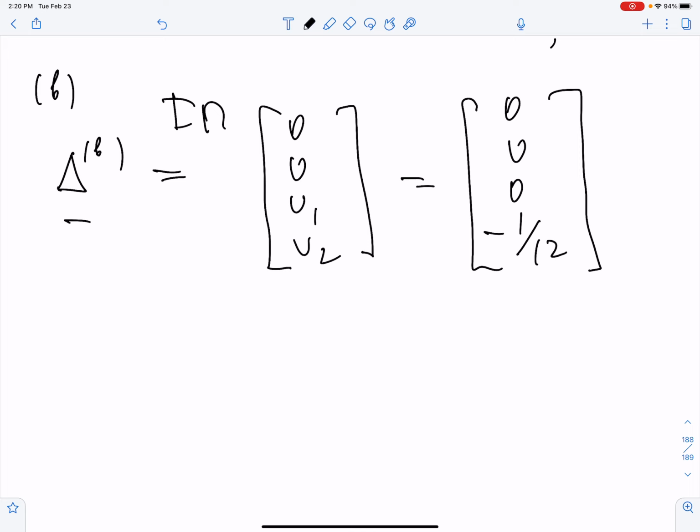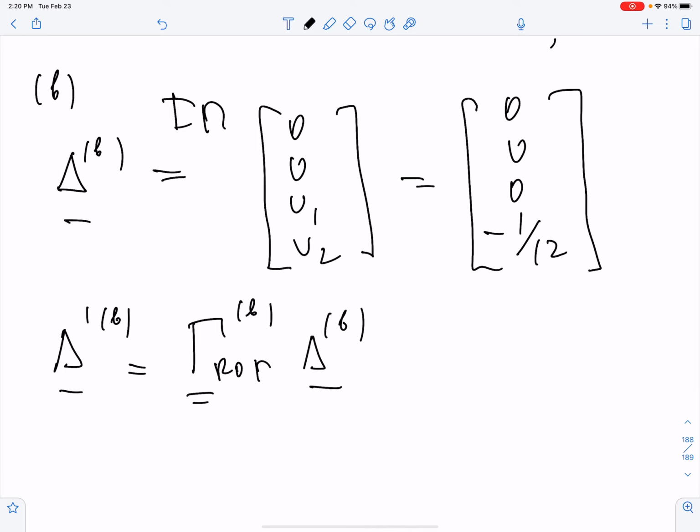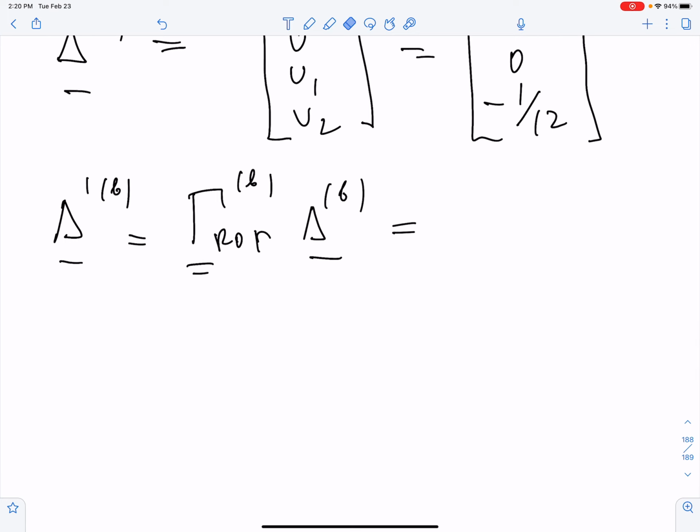Now I compute delta prime B, using the application of a rotation matrix, B, times delta B, which I just extracted, and what I find is I get something like this.